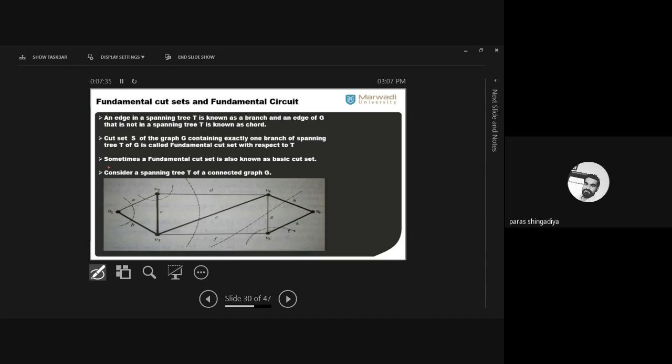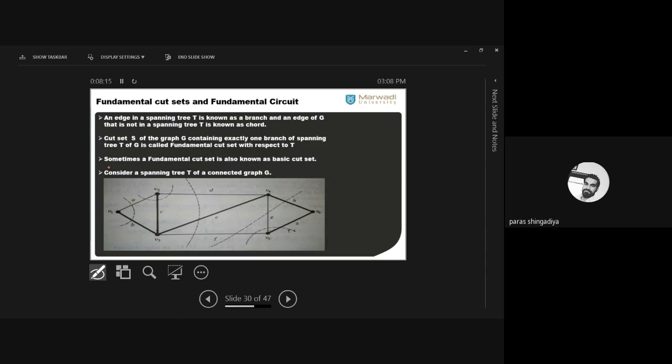Can anyone explain the meaning of spanning tree? T is known as a spanning tree of the connected graph G if T contains all the vertices of G and T is a subgraph of G. That is the unit 4 concept, spanning tree.